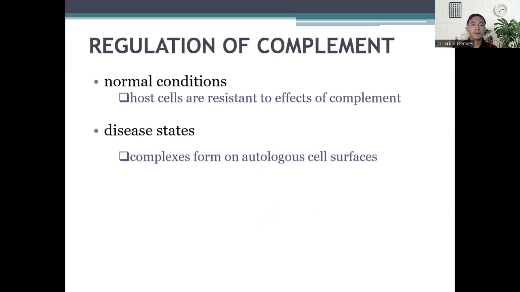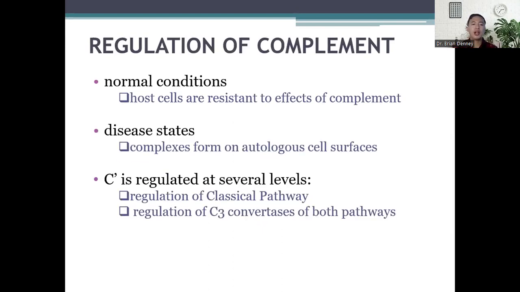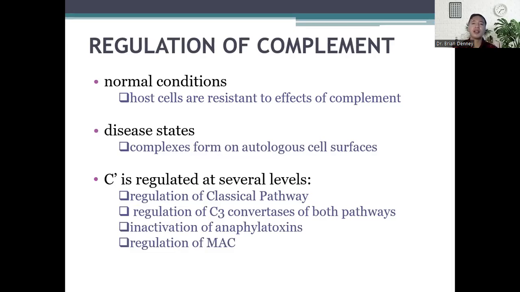The control of these mechanisms is directed at several levels. Remember, this is a cascade. And for us to stop activation, we must target the cascade itself, the different components of the cascade. So we can regulate the classical pathway, we can inactivate or target the C3 convertase, being the major amplification process.